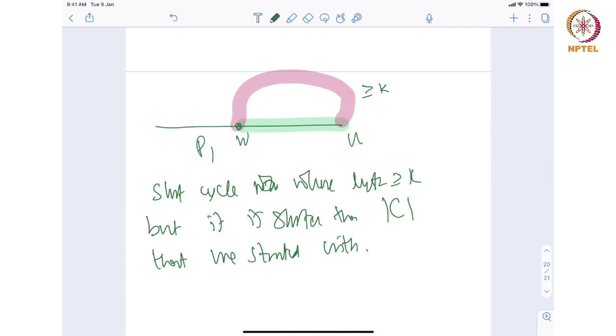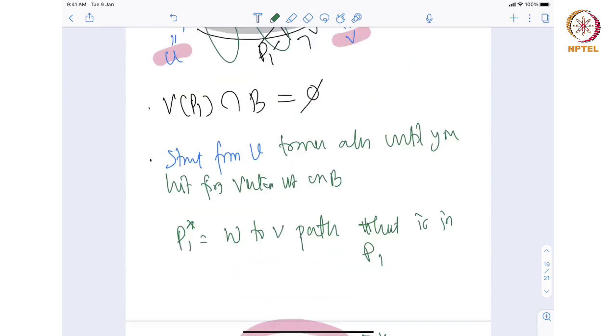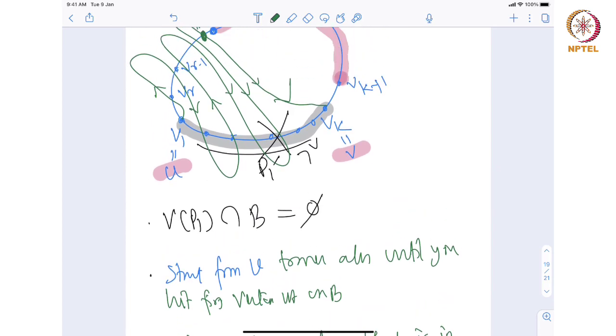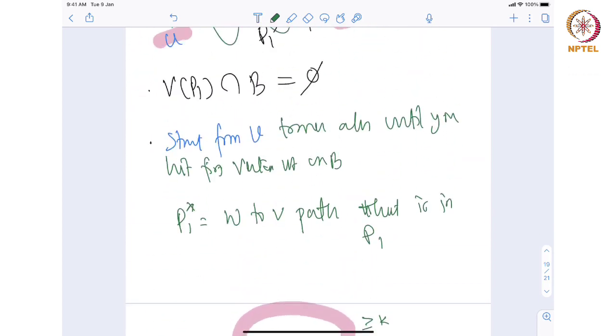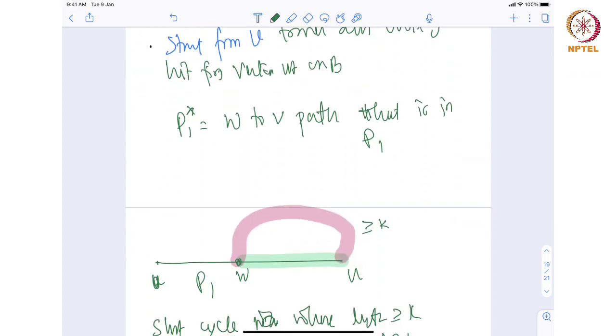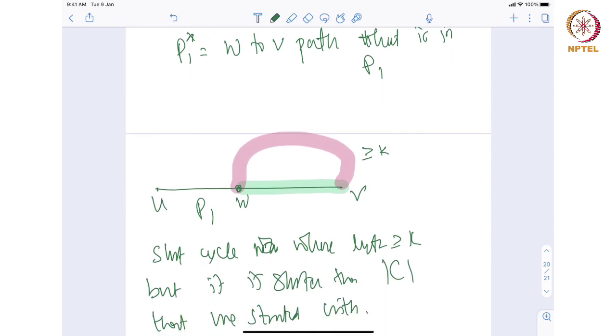Because look, it definitely does not contain U; this should be V, starting from V. So the path length of P1 was fixed.